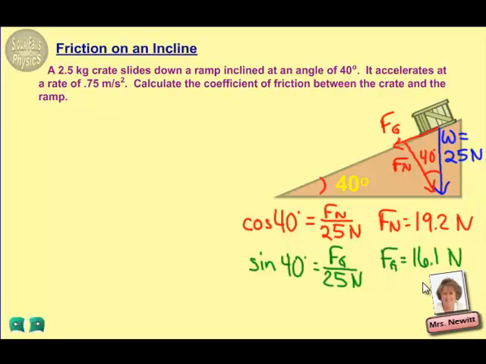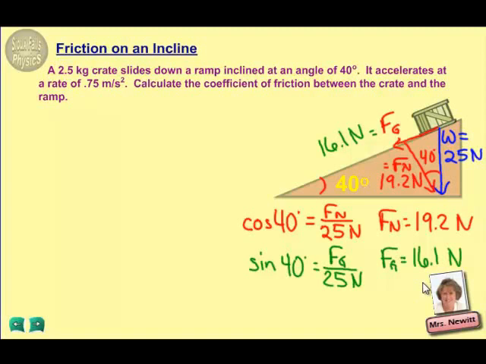So rather than think of our weight as being just simply 25 newtons straight down, we want to think of it as having two important parts. One is a component of 16.1 newtons pulling that crate down the ramp. And then secondly is a component of 19.2 newtons that is the normal force.